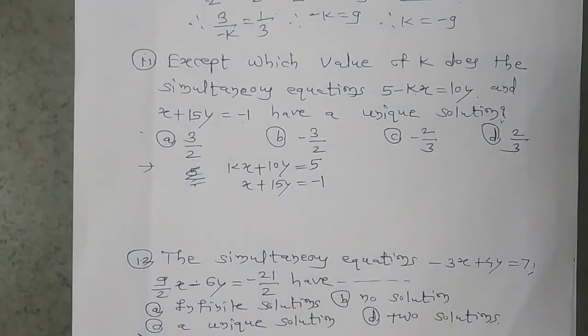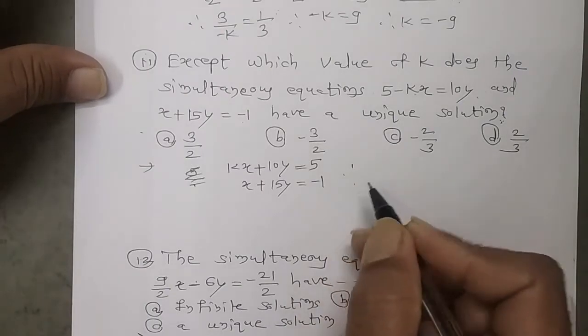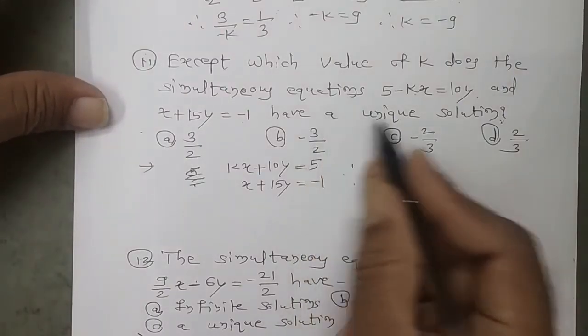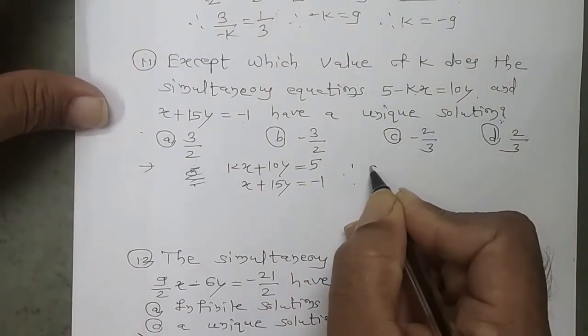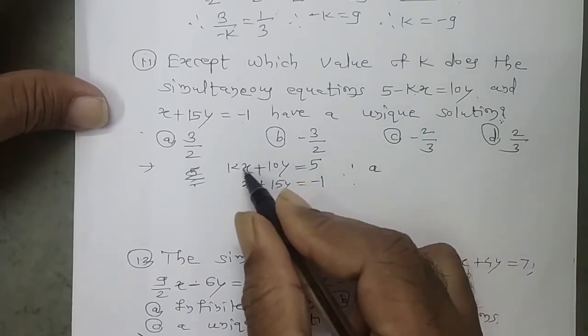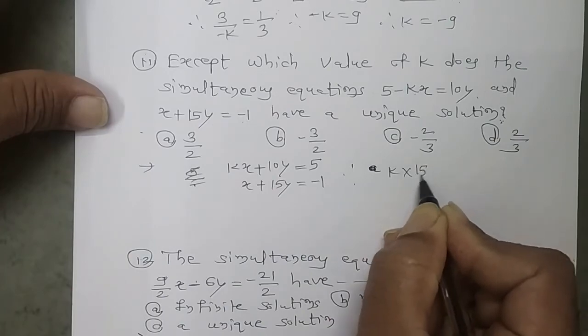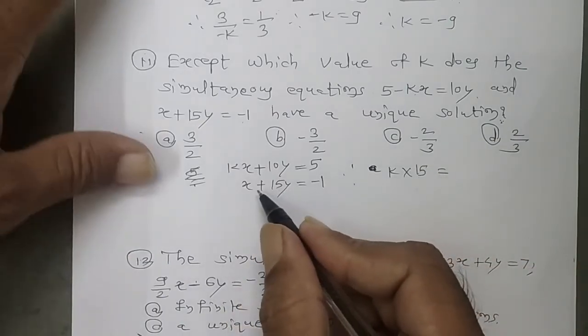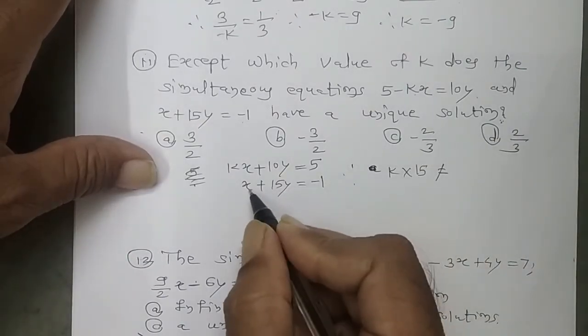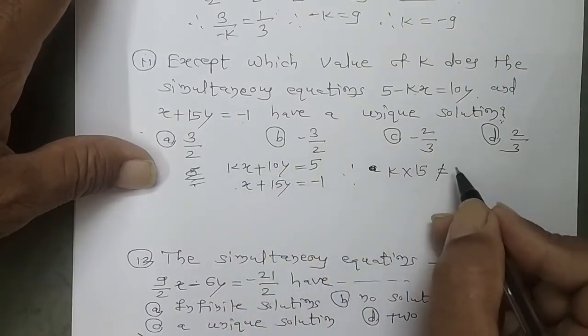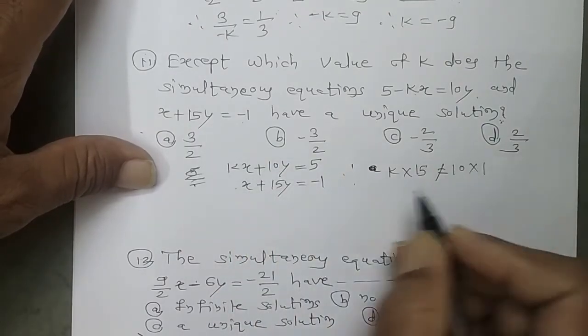Now what is the condition? We know that for unique solutions, k into 15 is not equal to 10 into 1.